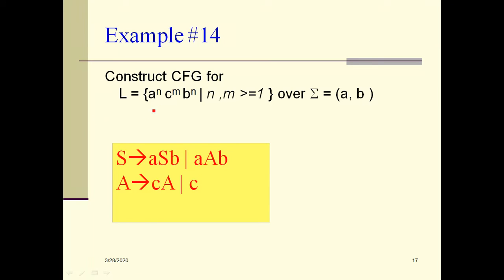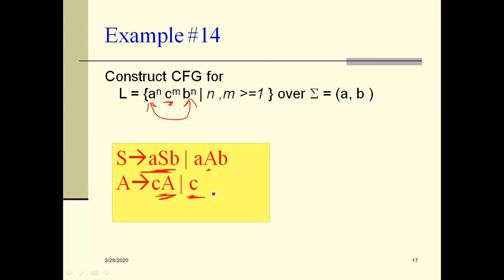Then we have this A raised to power n. Here the number of A and the number of B must be equal, and in between there is at least one C, and both n and m are greater than 0. So again we know how to generate an equal number of A and B. So this will generate an equal number of A and B. And when I want to terminate this S, I'll replace the middle S with another variable A, because in between now I need at least one C. So if it is exactly one C, I'll replace A with a single c, or if more than one C, I replace it with cA.